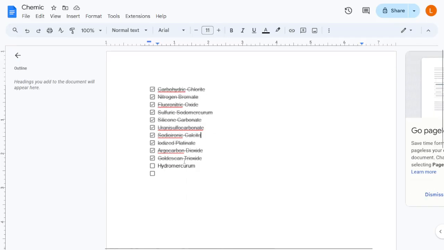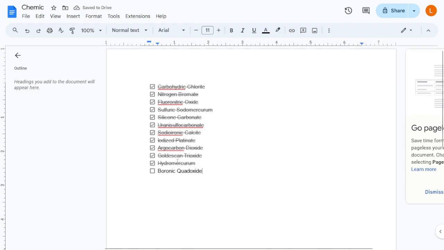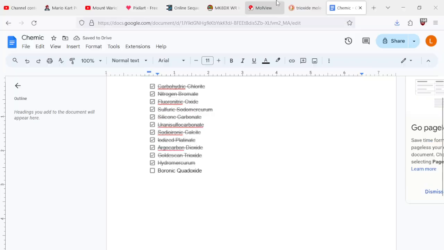I'm gonna come up with one more, because I have an extra thing. Yeah, boronic quad oxide, which I'm sure you can guess what that's supposed to be.